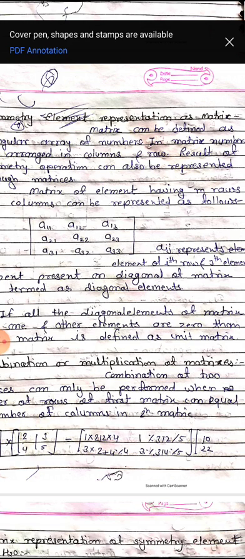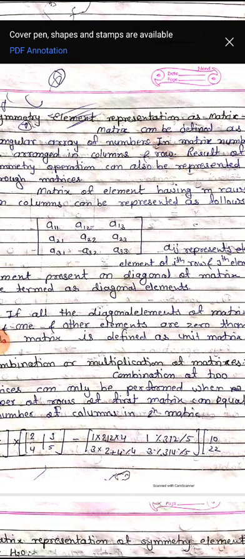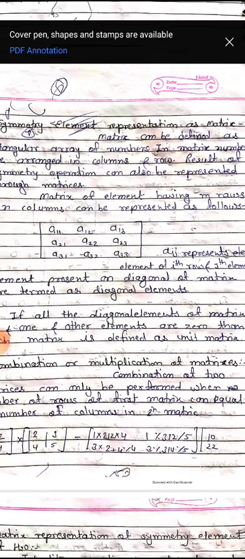What is the meaning of A31? It is the element of the third row and first column. A32, it is the element of the third row and second column. A23, it is the element of the second row and third column. Thus, in this way, you can represent your symmetry operations in the form of matrices.